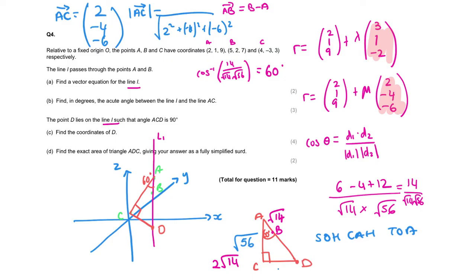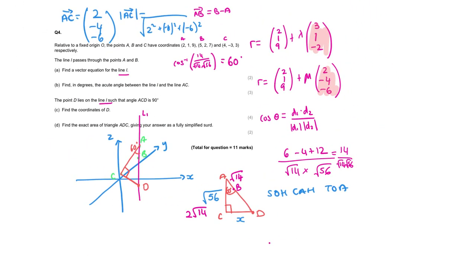So let's find this length first, x. So I'm going to have opposite, adjacent, hypotenuse. If I'm finding the opposite, I'm going to have tan of 60 equals opposite, which is x, over adjacent, which is root 56.